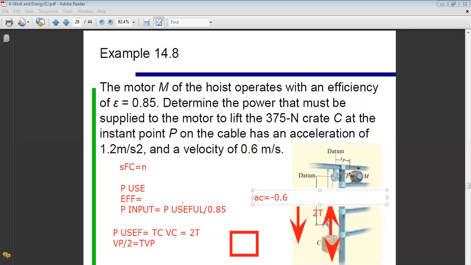You can continue based on the downward system, and when you replace AC, you put minus 0.6. While if you shift to an upward coordinate system, you should put attention to put minus MAC, and then minus minus will give you plus. Okay, thank you, doctor.